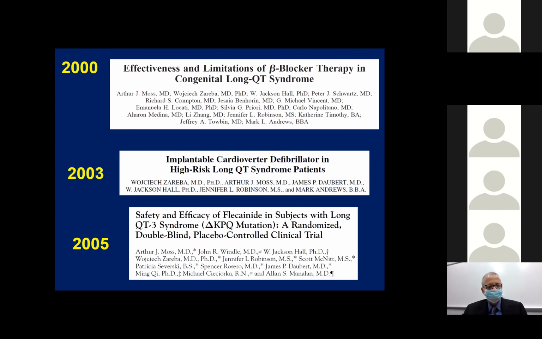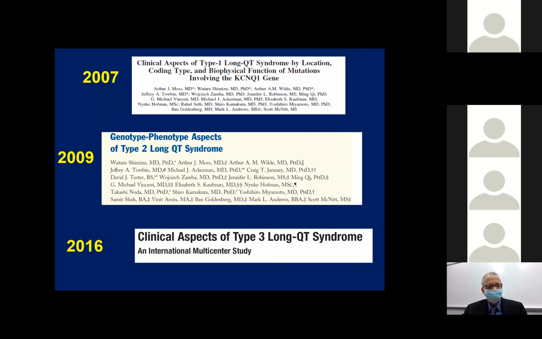Dr. Moss subsequently developed a nice collaboration with two additional groups, Wataru Shimizu in Japan and Dr. Arthur Wilde from Amsterdam, whom we have the pleasure to have with us today. This was a collaboration to combine databases, to learn from each other.